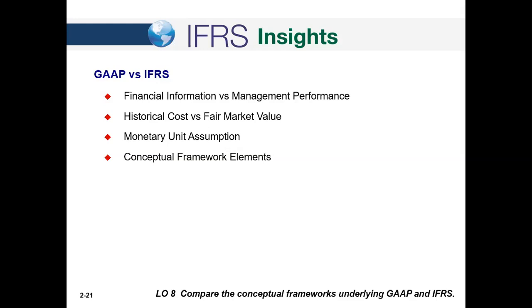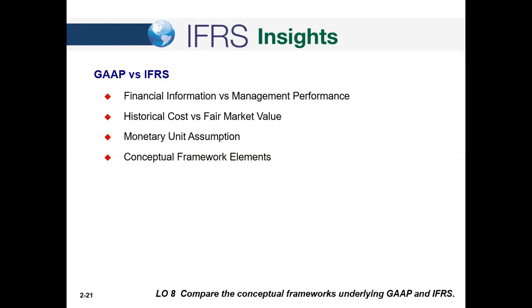But under IFRS, they use the fair market value more liberally, right? So companies under IFRS can apply fair value to property, plant, and equipment, natural resources, and in some cases, intangible assets, where for many of those things under GAAP, we would use historical cost.